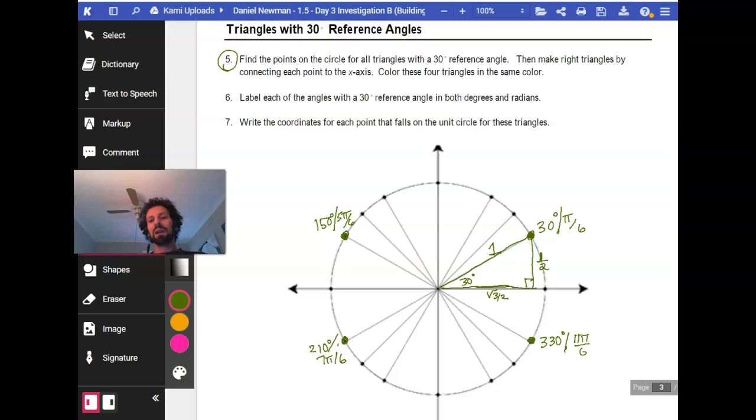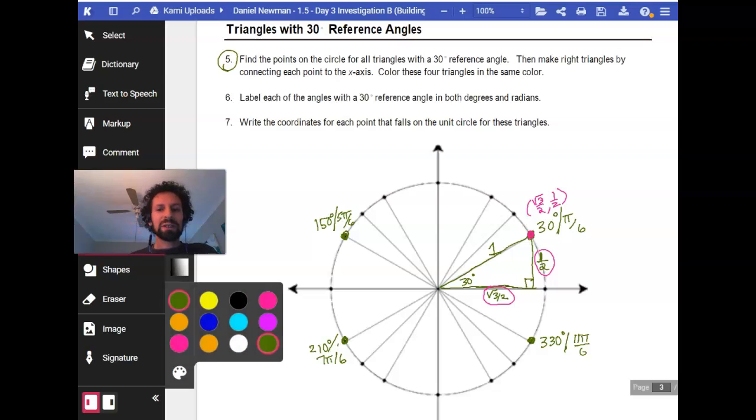Okay, and so that helps us define the x and y coordinate because we essentially went to the right rad 3 over 2, and we went up 1/2 to get to this point. So the coordinates of this point right here are rad 3 over 2, comma 1/2.